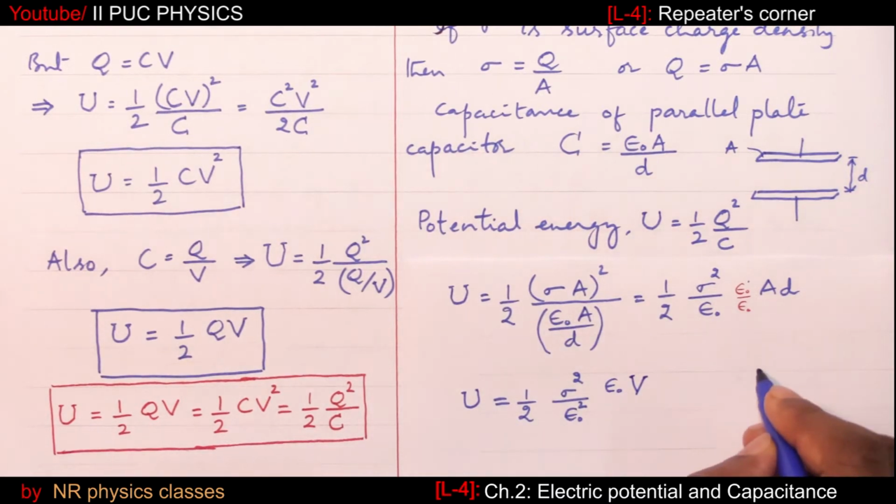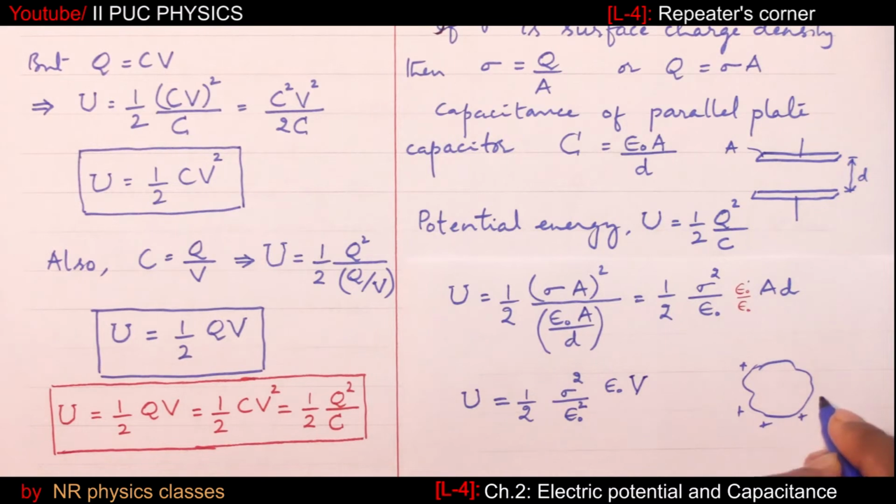We also know that the electric field at a point due to a charged conductor is sigma by epsilon naught. Here we have sigma square by epsilon naught square.